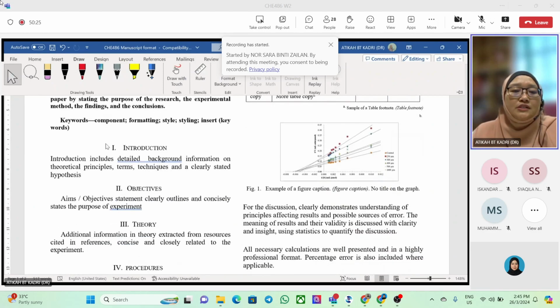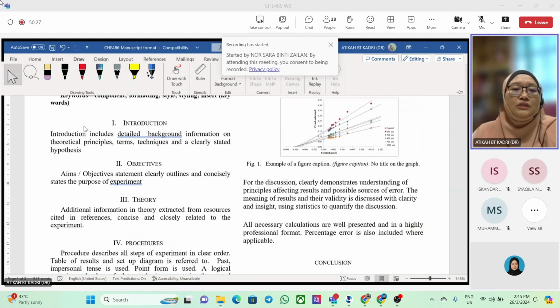For the introduction, you are going to include the background of the experiment. And for the introduction, you should be writing about what this experiment is covering, meaning the principles, what technique is used, what the hypothesis is, what is to be expected. In the introduction.